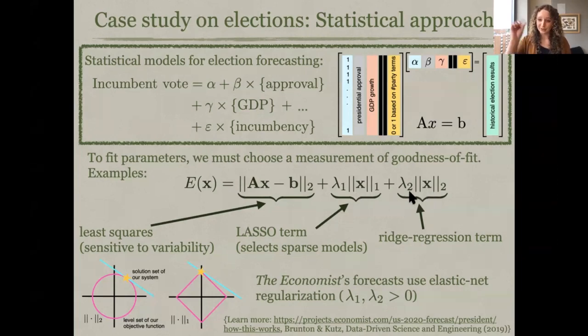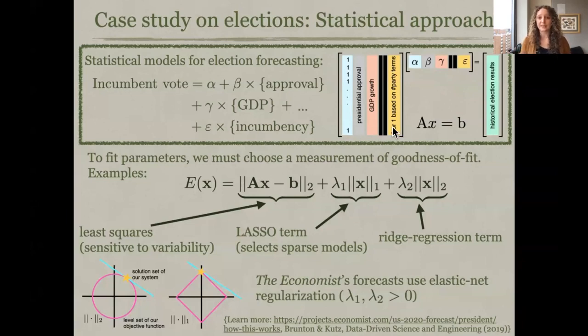By tuning lambda 1 and lambda 2, what you're basically doing, especially in this case, is selecting models that are sparse. That's a word that just means models that have a lot of zero terms. So you're asking, how many features should I include in this data? What terms should I set to 0?